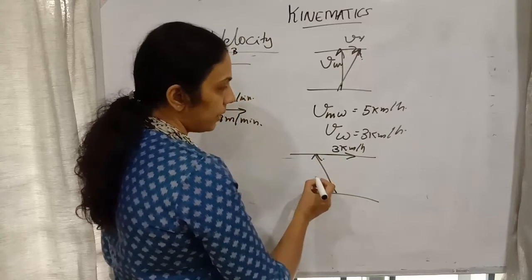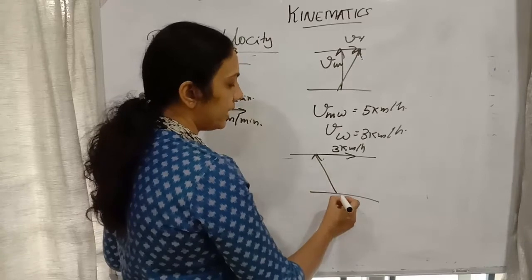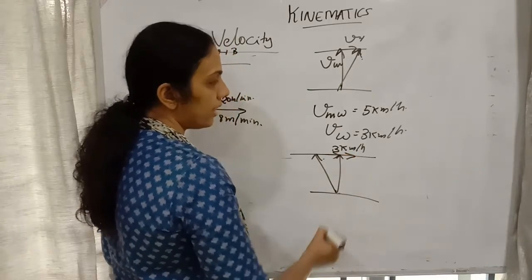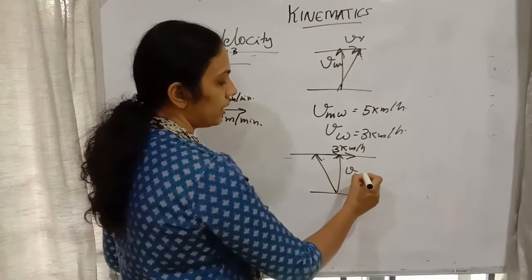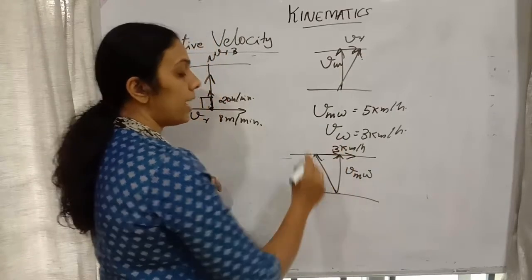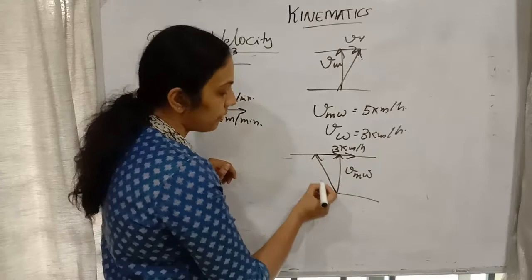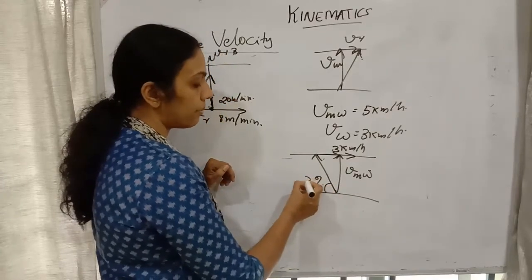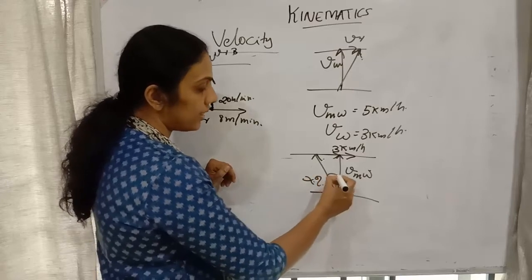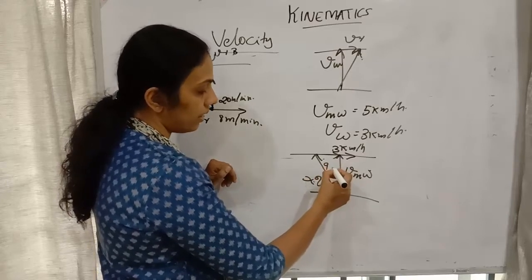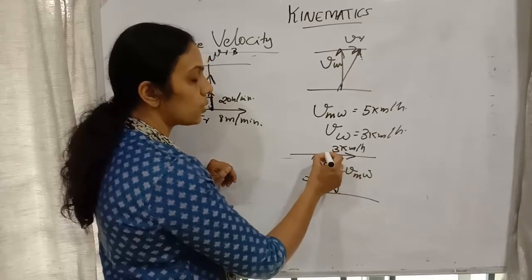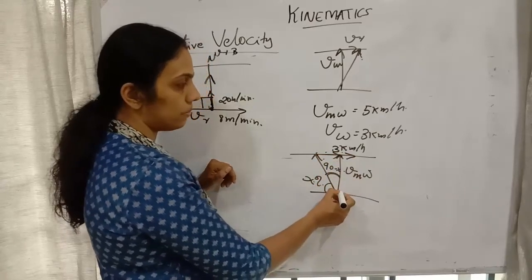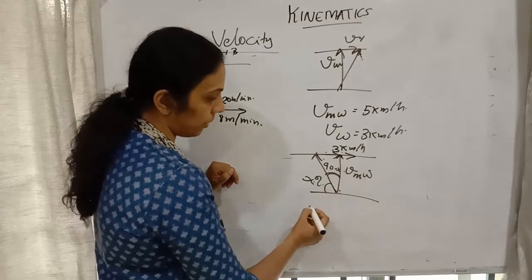He will be moving and the relative velocity will be like this. This will be the relative velocity of the man with respect to water. He needs to reach the exactly opposite point. So at what angle should he head? This angle, I am taking it as x. Then this angle will be 90 minus x. Now I have the opposite side with me and this VMW also with me.